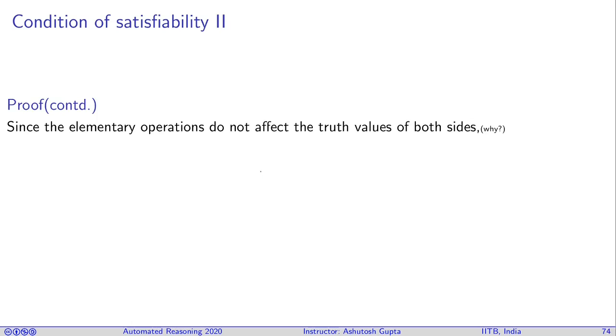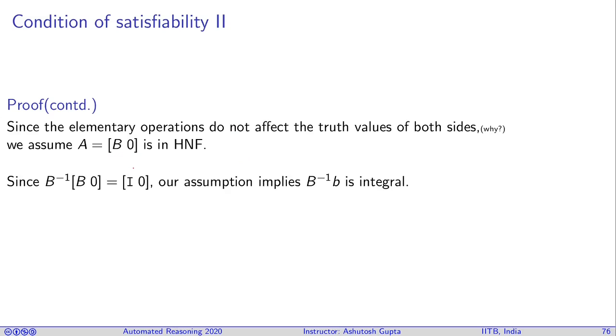Since the elementary operations do not affect the truth value of both sides, elementary operations which we have seen so far, we do that and turn this into an HNF form. We assume that our matrix A looks like [B 0], which is in HNF form. And we can easily apply B inverse on [B 0] and obtain [I 0]. Our assumption implies that B inverse b is integral.